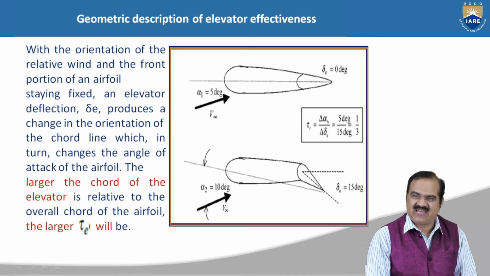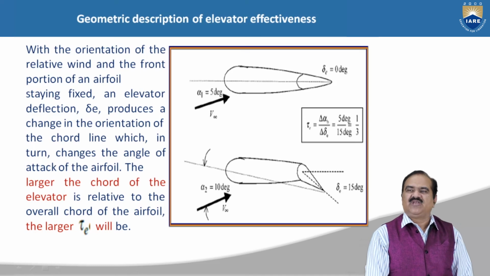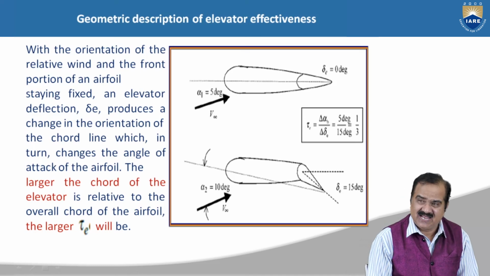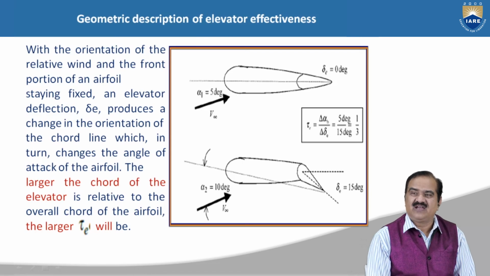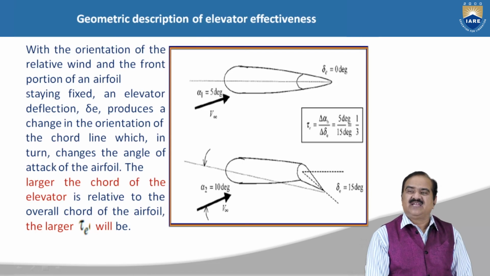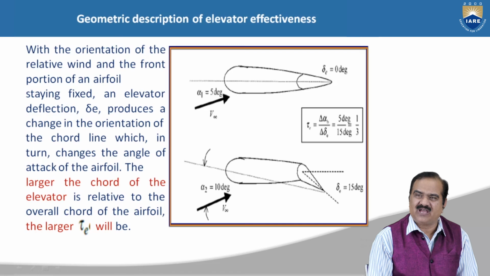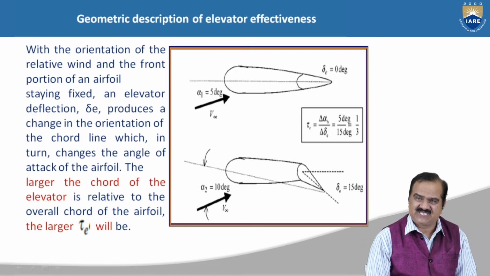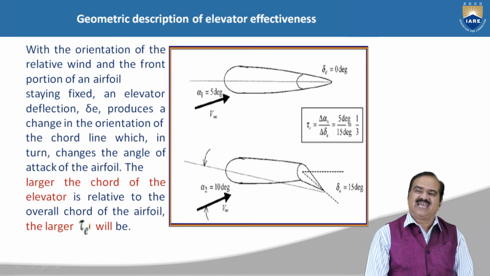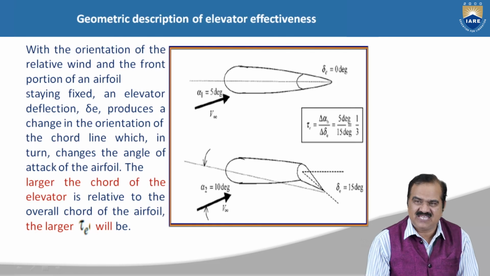In the next diagram, we have deflected the elevator by 15 degrees. By this deflection, the location of the chord is changed, because the chord defines a line passing from the leading edge to the trailing edge of any airfoil.